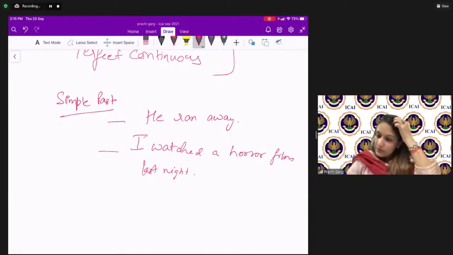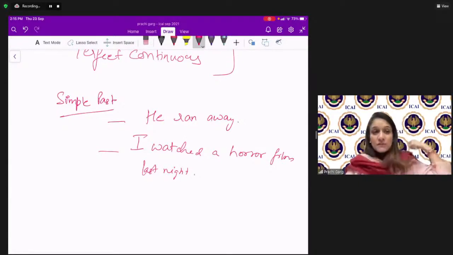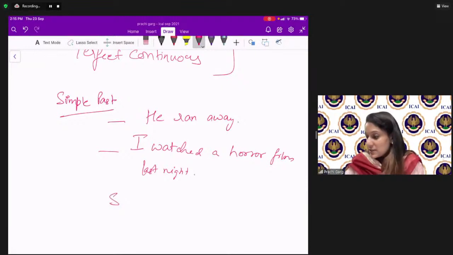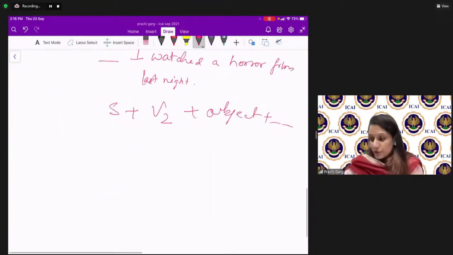Now this is simple past, which simply tells you about some action that is already over. The structure of simple past sentences is a subject, then the second form of the verb, and then the object or rest of the sentence. Am I clear? So simply you should know the second form of the verb, and it only conveys things that are already over, right?